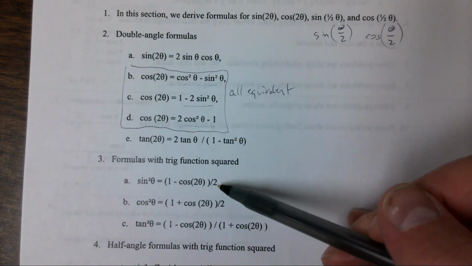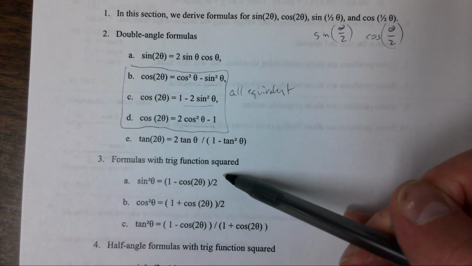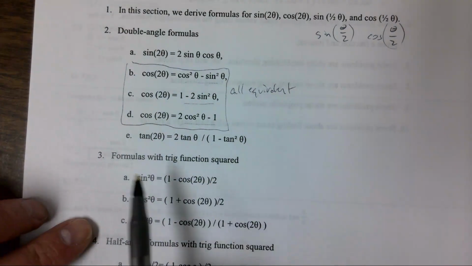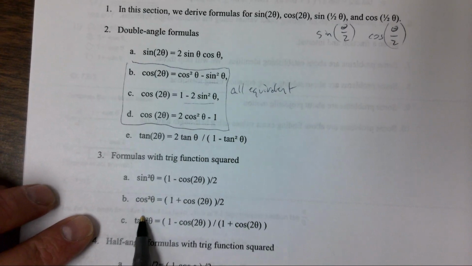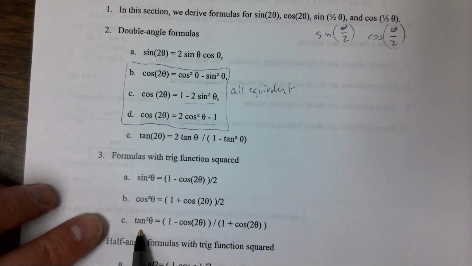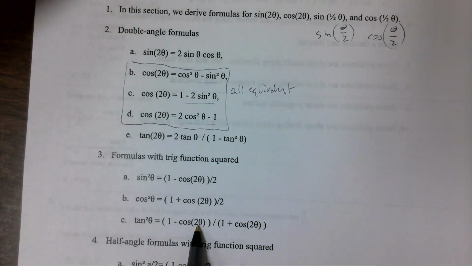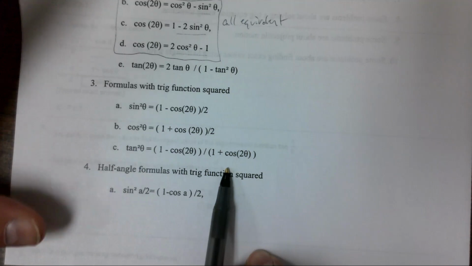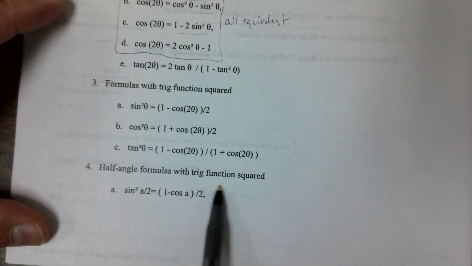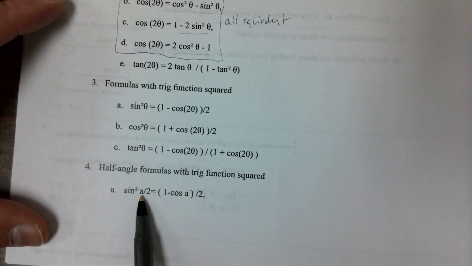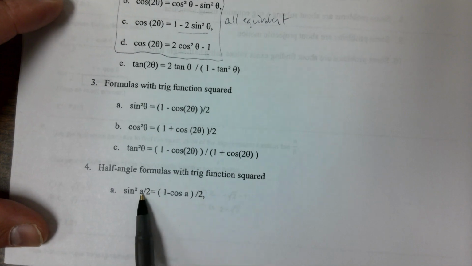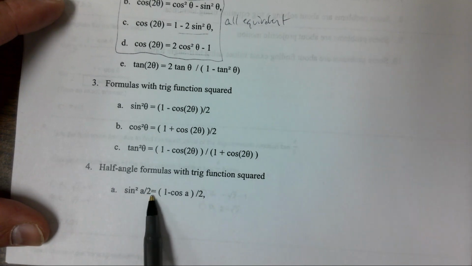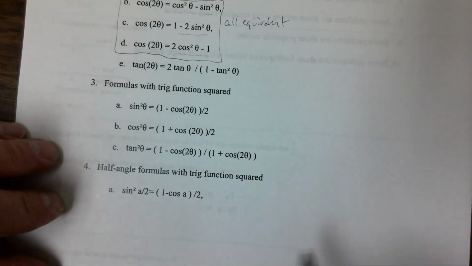Now the ones with the trig function squared, like sine squared, cosine squared, and tan squared, have a double angle inside them, and that's getting a little more complicated. And then you have half angle formulas with the trig function squared. Here they're calling A the angle, so the angle over 2, it looks like that.